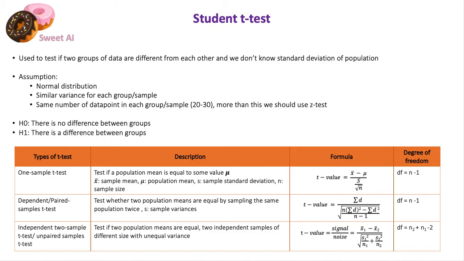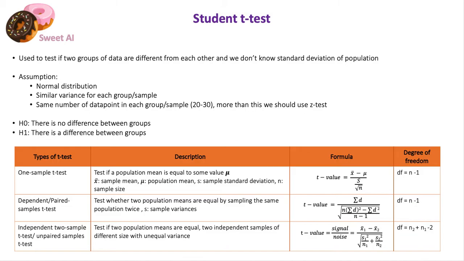If it is more than 30, we use the z-test. The null hypothesis says there is no difference between groups, and the alternative hypothesis says there is a difference between groups. There are three different types of t-test: one sample, dependent or paired sample, and independent two sample.